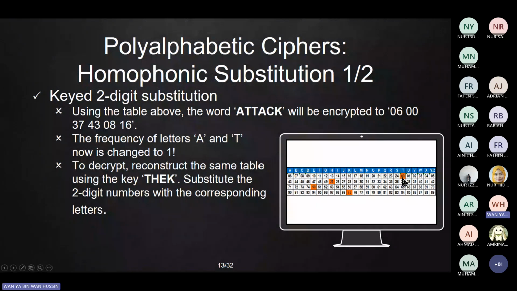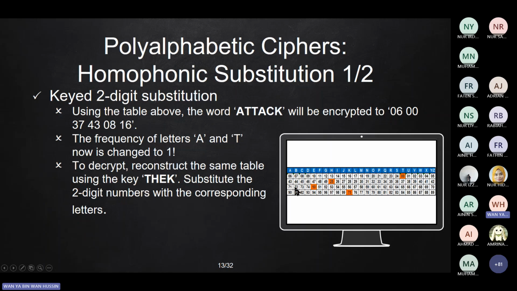And then you will apply 01 until 24. All right. The next group, you start with H here. You will continue 26, 27 until 49.